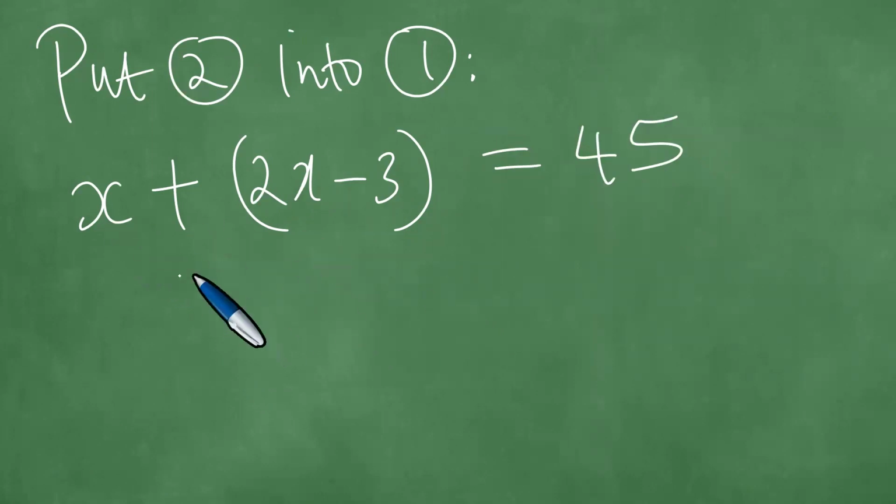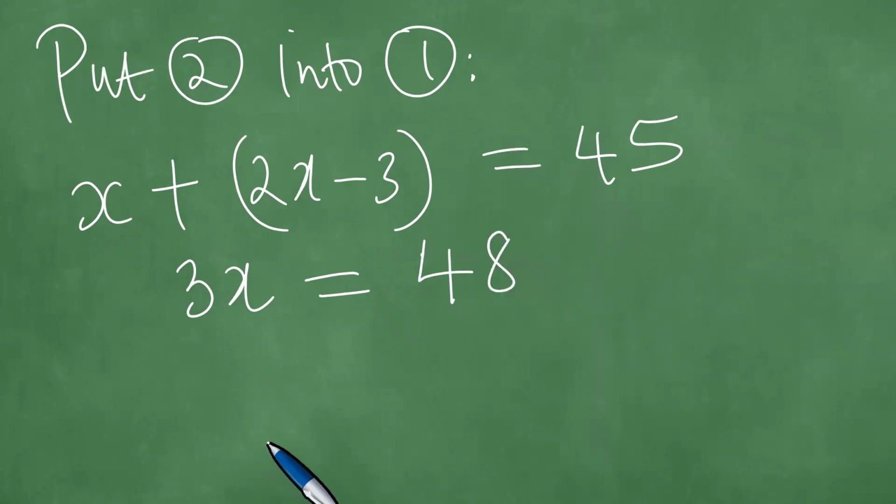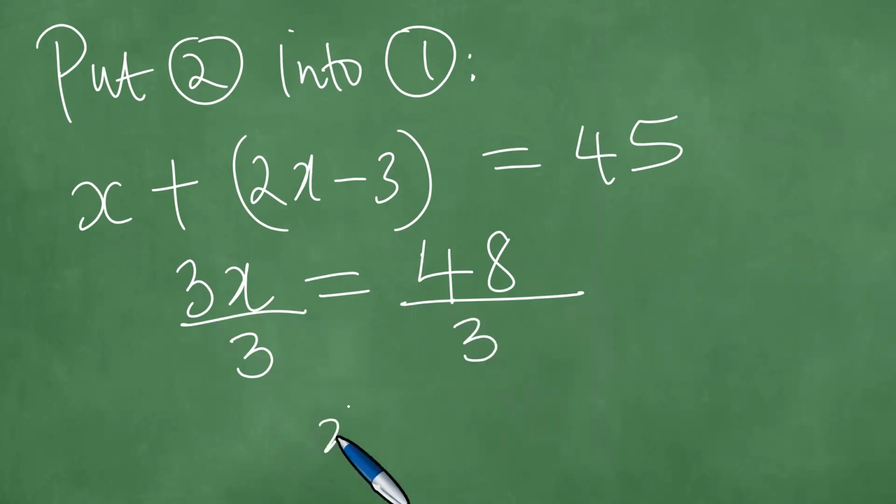And therefore, we have x plus 2x, which gives us 3x. And the 3x is equal to 45 plus 3, which is 48. Upon careful examination, we can divide the left by 3 and we can divide the right by 3, obtaining x equals 16.